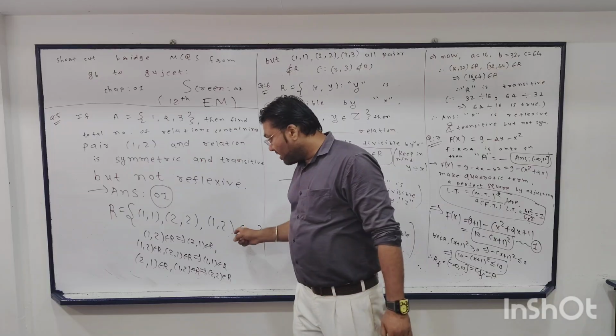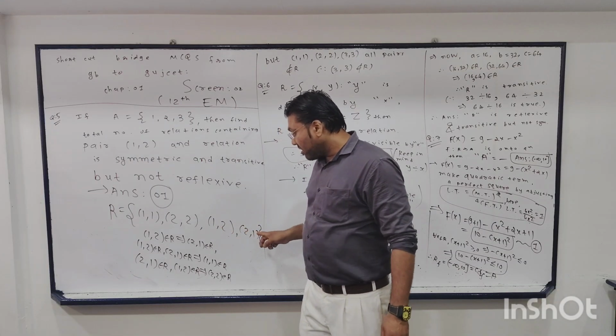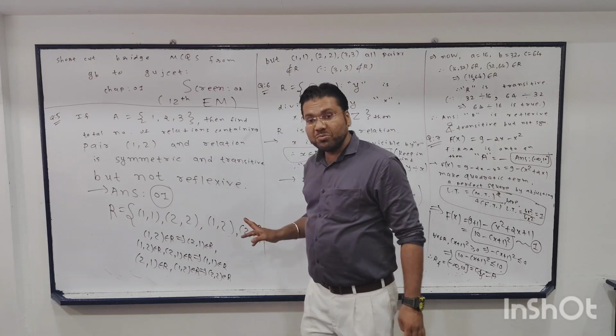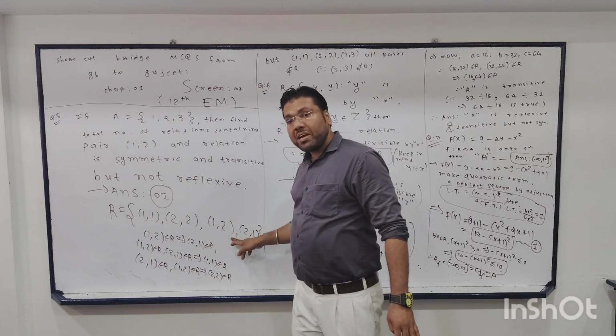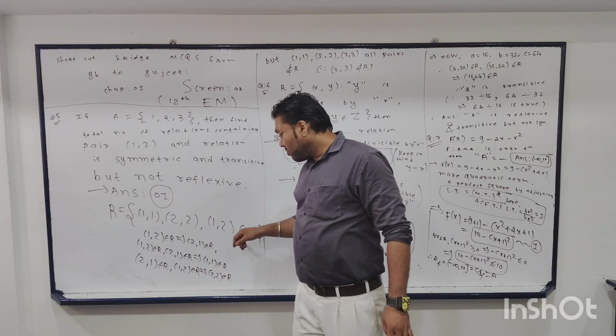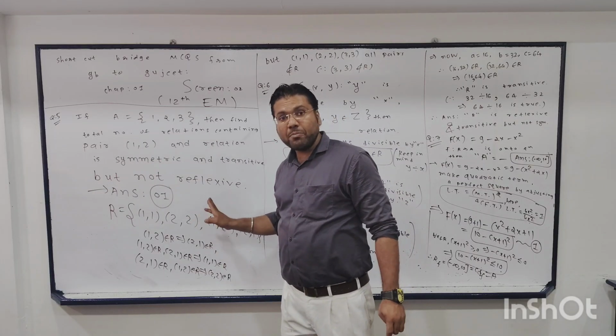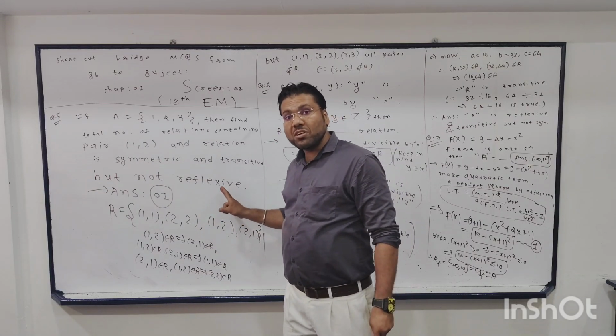So friends, don't think like this: for a equal to 1, b equal to 2, we get the (1, 2) pair. For symmetric, b equal to 2, c equal to 1, it will be (2, 1), but there will be two transitive pairs.